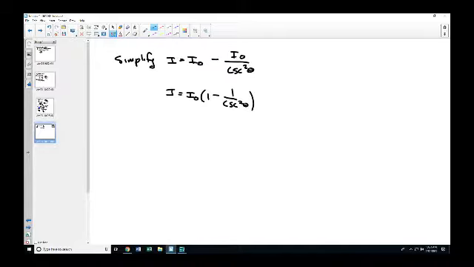Run through them, 1, 2, 3, 4. What can we use next? You gotta think. Is there an identity for 1 over cosecant? Yeah, there is an identity for 1 over cosecant, so then it's sine squared, right? Sounds good.